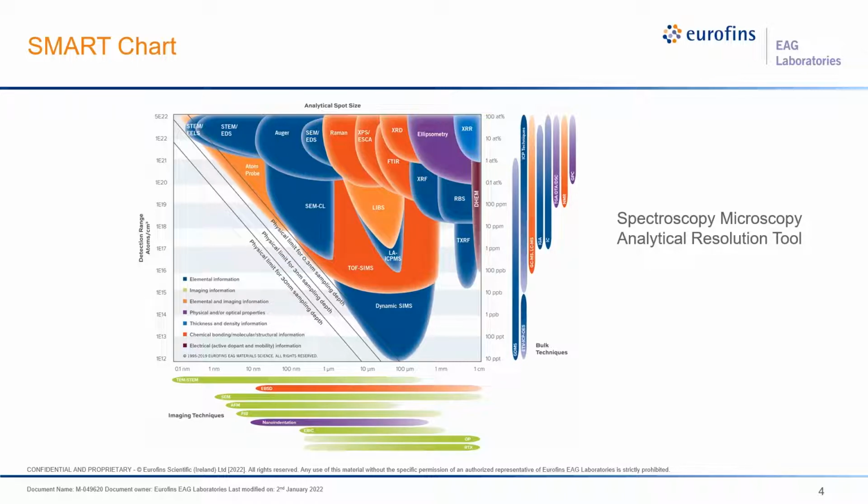The colors of the circles represent the type of information extracted from the materials, such as the blue techniques representing the elemental information, whereas the orange circles provide molecular information as described in this legend. You can download this map from our website and have a better understanding of all these techniques and what their capabilities are.